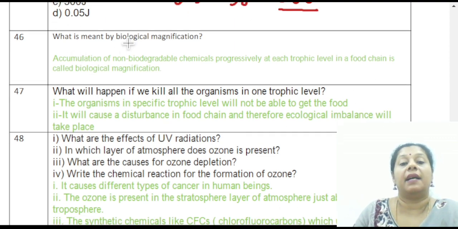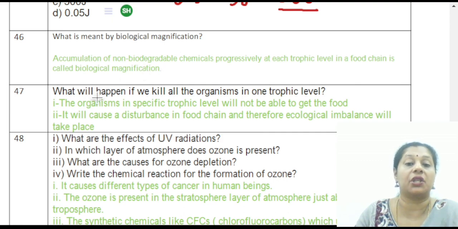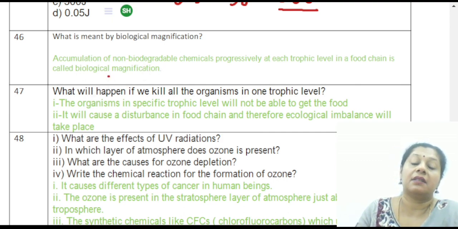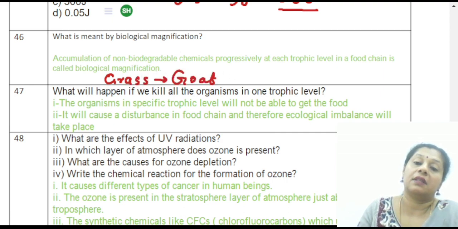What is meant by biological magnification? Accumulation of non-biodegradable chemicals progressively at each trophic level in a food chain is called biological magnification. For example, if there is grass, goat, man, a small food chain.